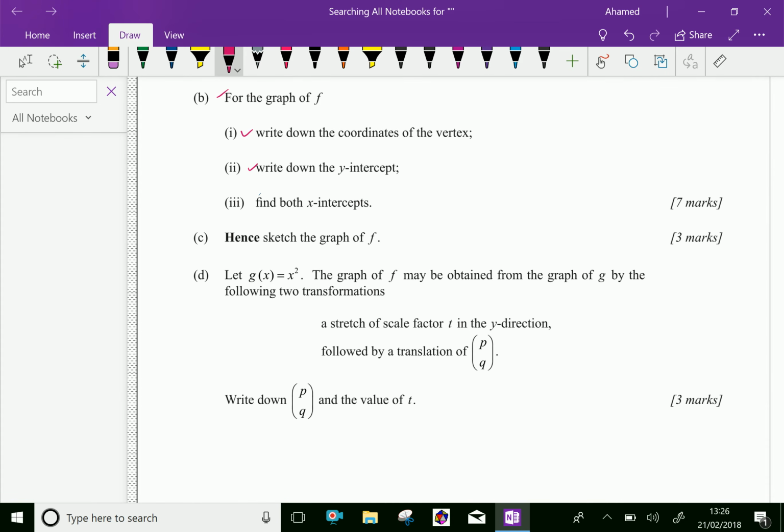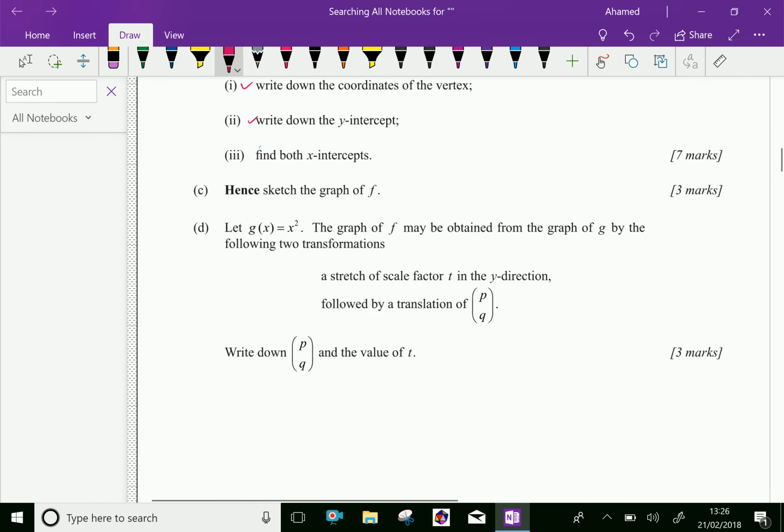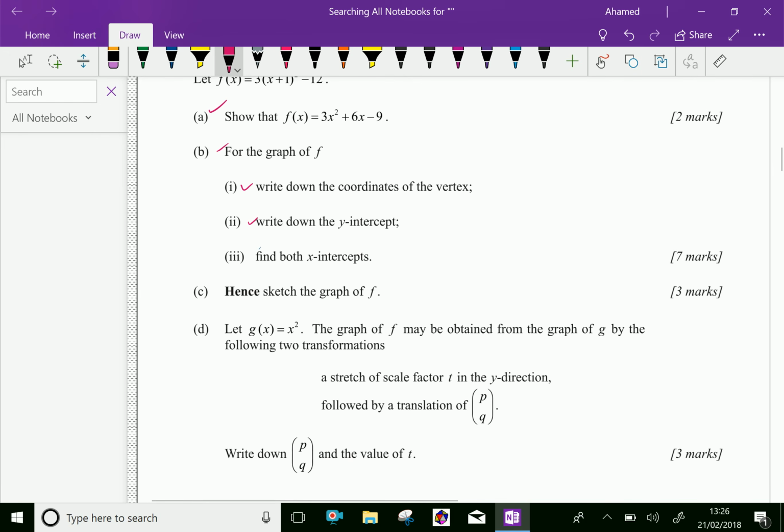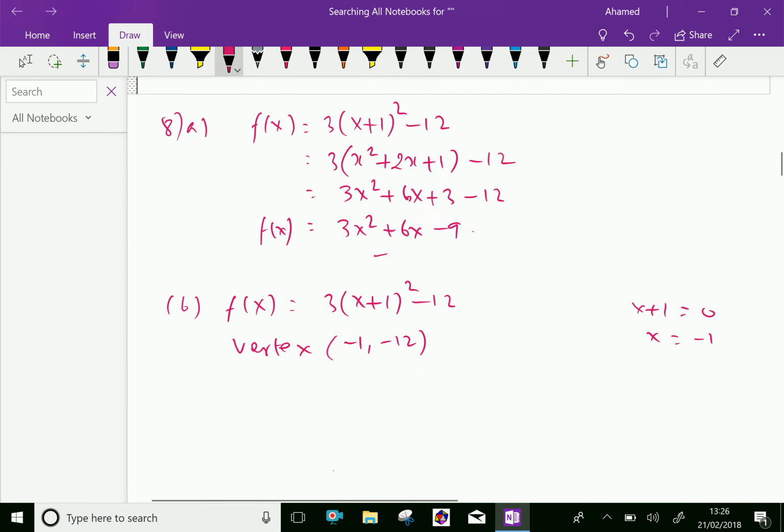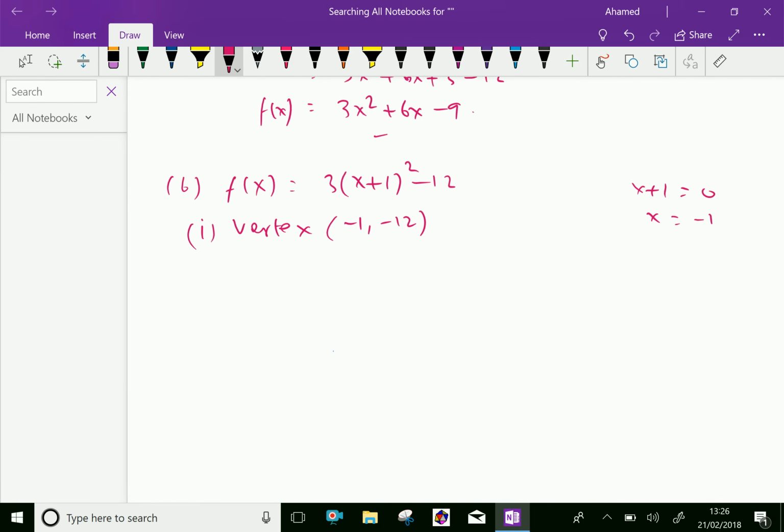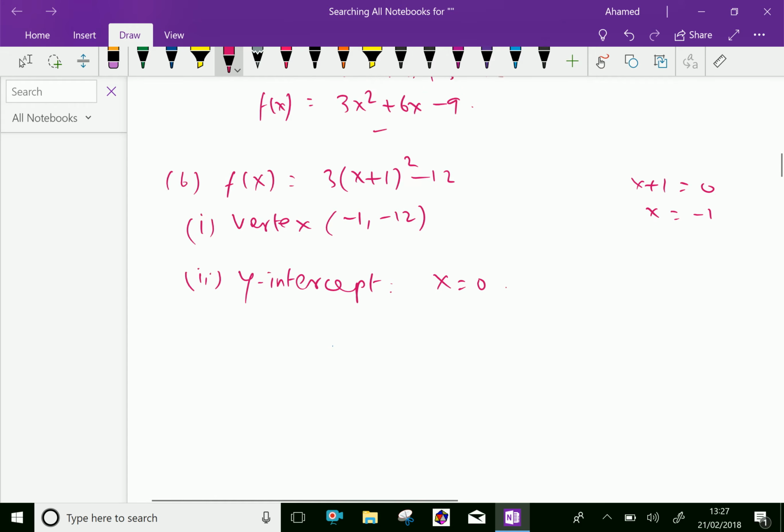Write down the y-intercept. This is B1, B2, y-intercept. To find the y-intercept, we have to put x equal to 0.